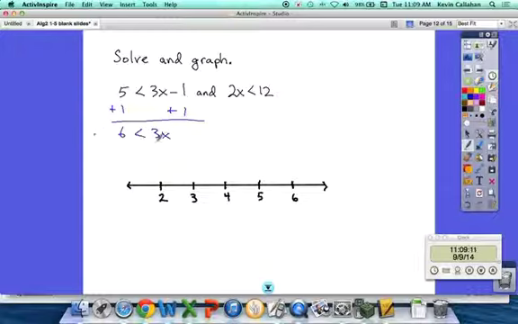Divide by 3. So we get 2 is less than x. How about this one? Divide by 2. All right, therefore, x is less than 6.